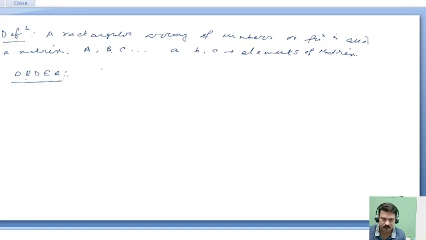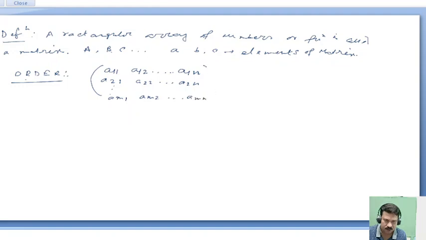We may write a matrix as A11, A12 and so on up to A1n, A21, A22 up to A2n, and Am1, Am2 up to Amn.